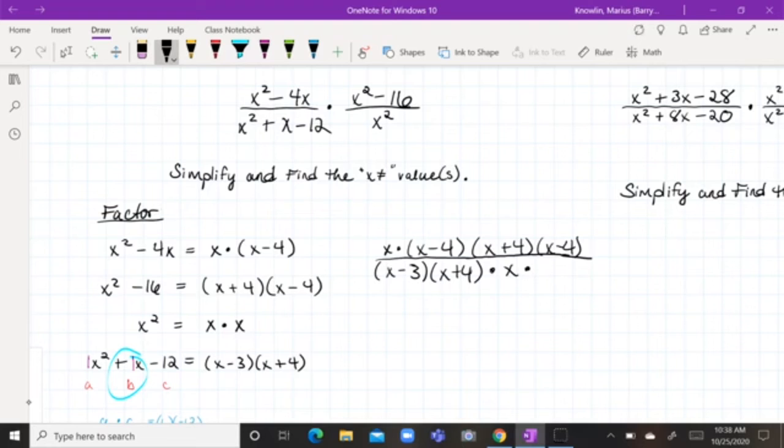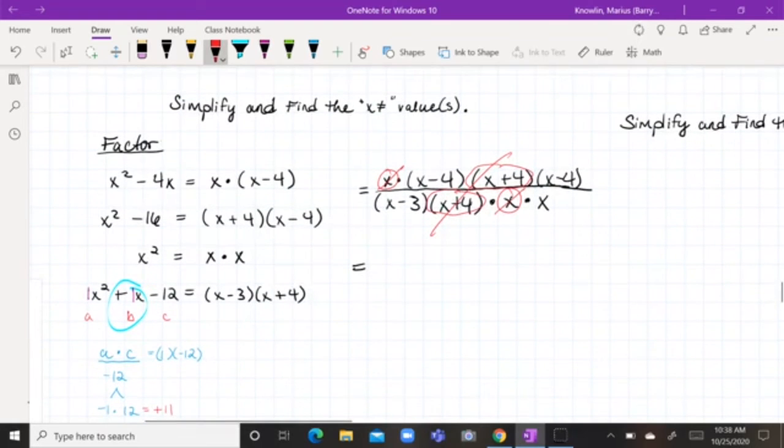Now at this point we can just go ahead and simplify and cross out things that are common on the top and the bottom. For example, we have an x here and an x there, so we can get rid of those. We have an x plus 4 and an x plus 4 there. We can get rid of both of those. And now we're just left with the leftovers, which we can write right here.